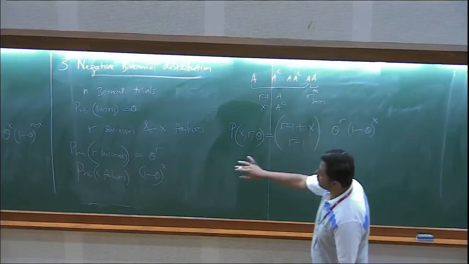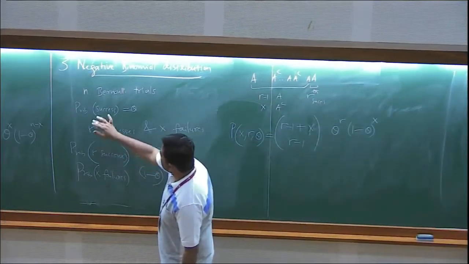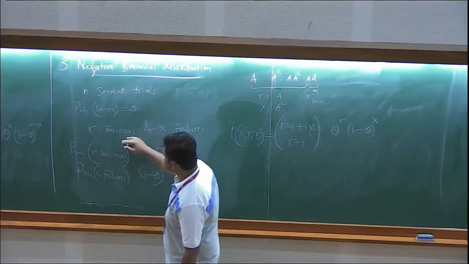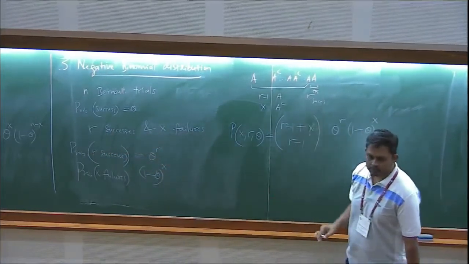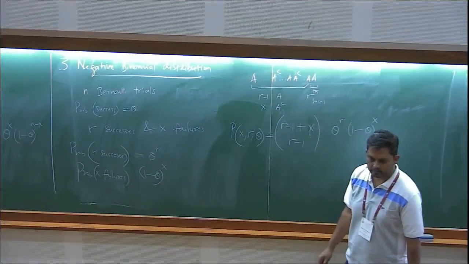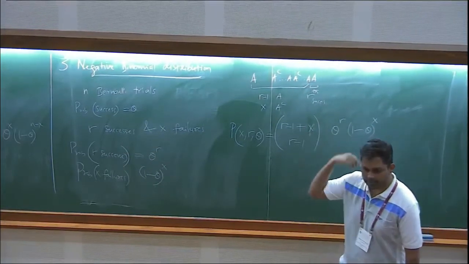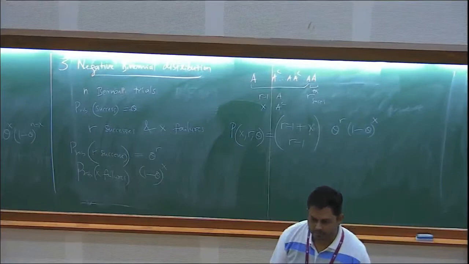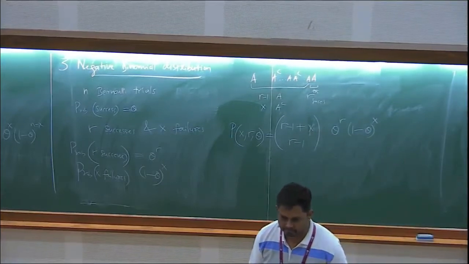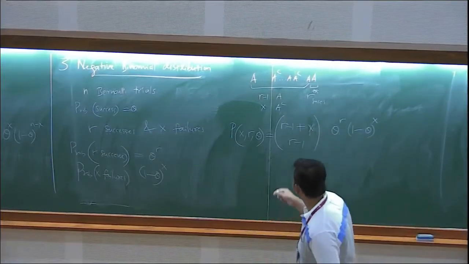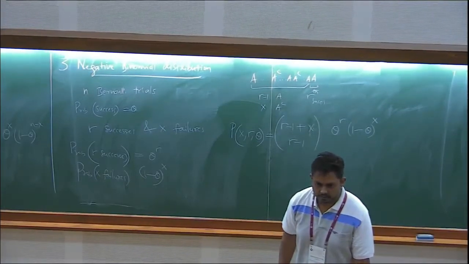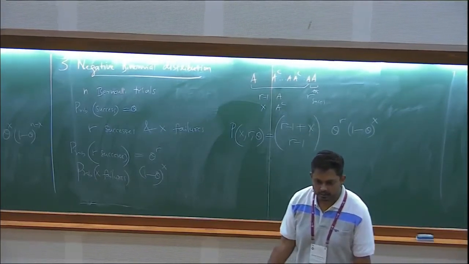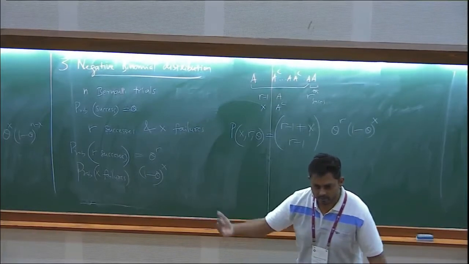No. So I want the following. I want to find out the probability that I will get R successes and X failures. Yes, R plus X is n. No, but R plus X could be much larger. May not be, no? No. It doesn't appear anywhere. Do n trials. There's no guarantee that you will actually get R successes. You may have to do more, you may have to do less.